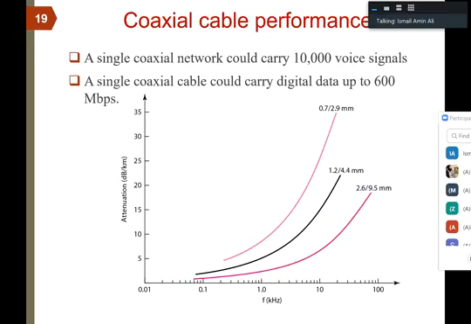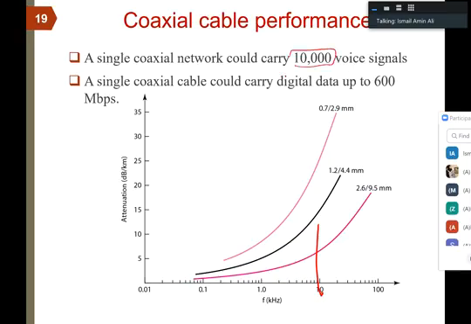The advantage of coaxial cable is that it can go for longer distances. Its attenuation is less. For example, it can go up to 1 kilometer without repeaters, or 500 meters. We'll study these standards later in Ethernet.